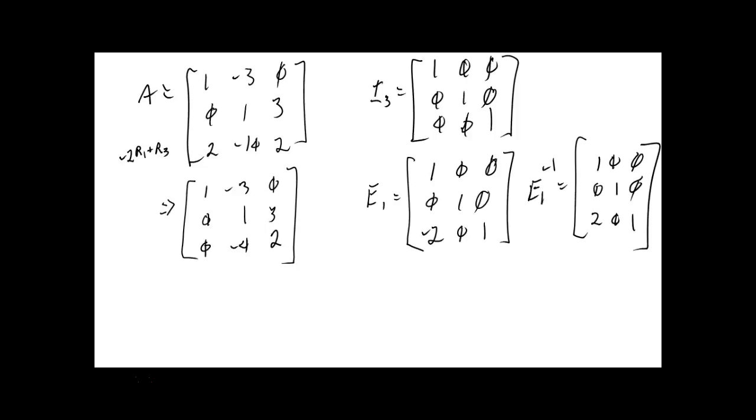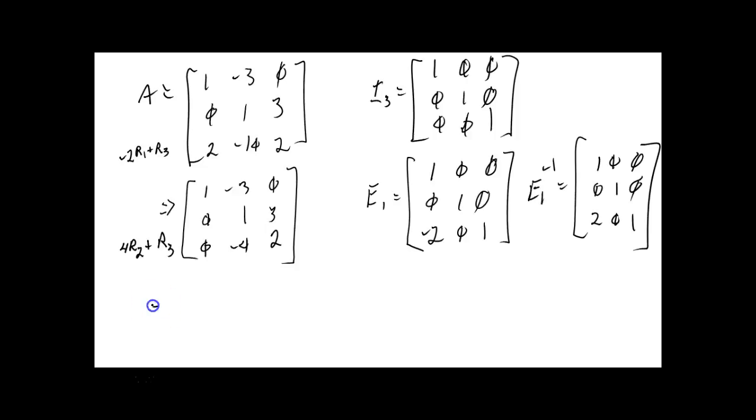Okay. What's your next? Now remember what our goal is? All we're interested in is upper triangular. So all we want is that -4 to become a 0. How do we make that happen? 4 times row 2 added to row 3.